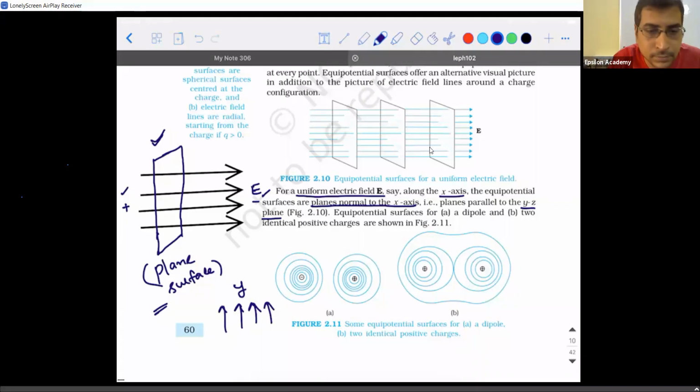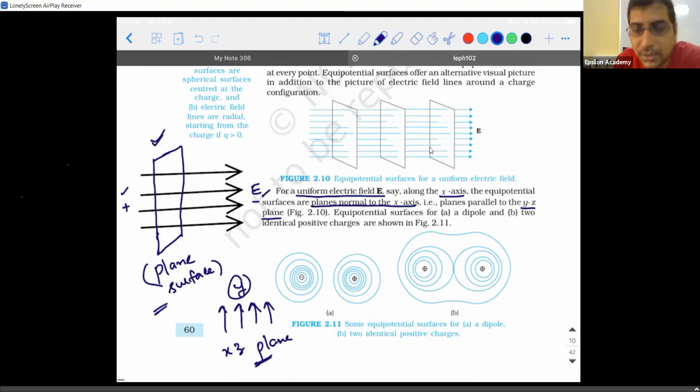Exactly, yes. It is going to be XZ. So that is the meaning. Are you able to understand? Like this, you can draw the equipotential surface for any kind of charge distribution.